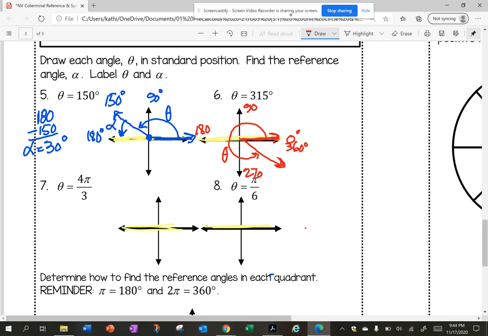And then the angle to the x-axis that's acute is alpha. If I add all the way around, this is 360. So alpha is 360 minus 315. So alpha is 45 degrees.